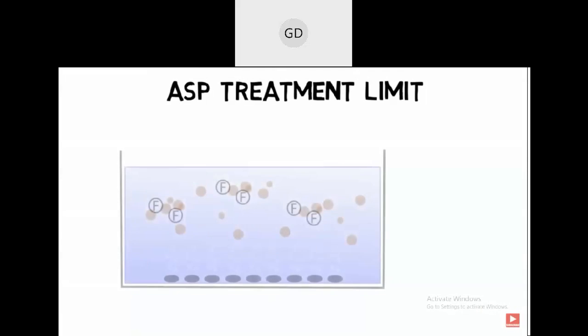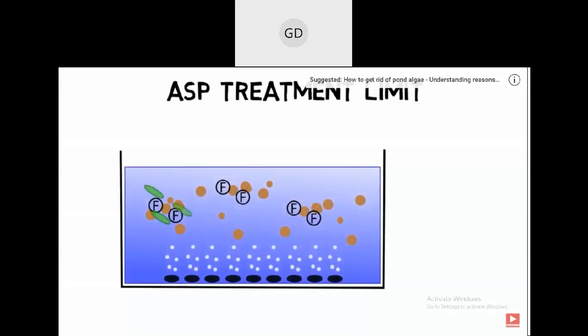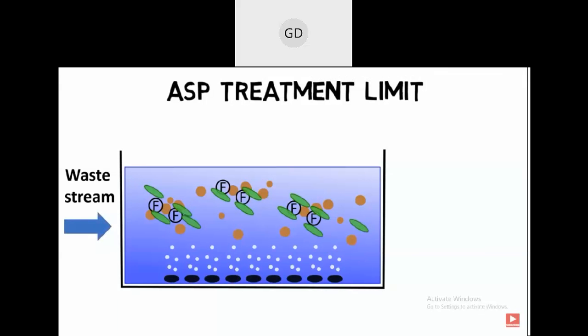The number of microorganisms present in the aeration basin, and therefore the treatment capacity of an activated sludge plant, is limited. The ratio of microorganisms and waste stream is also known as the MLSS, mixed liquor suspended solids concentration. The higher the MLSS, the less volume is needed to remove BOD from the waste stream.